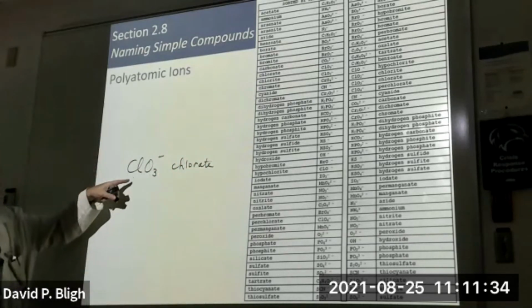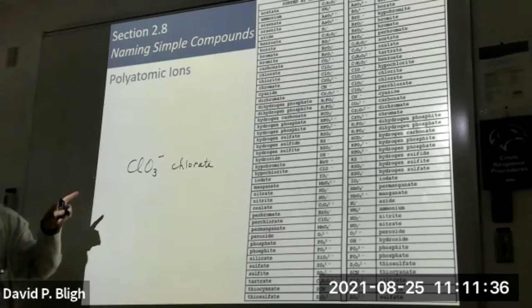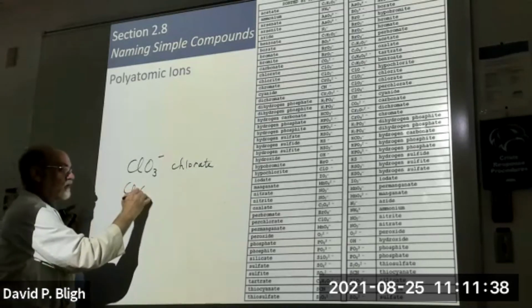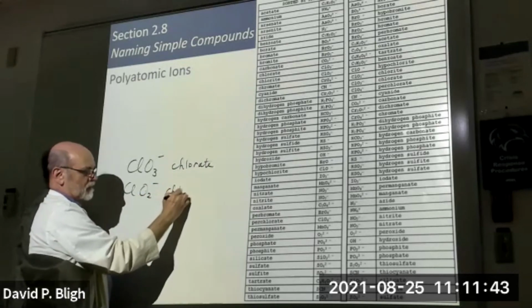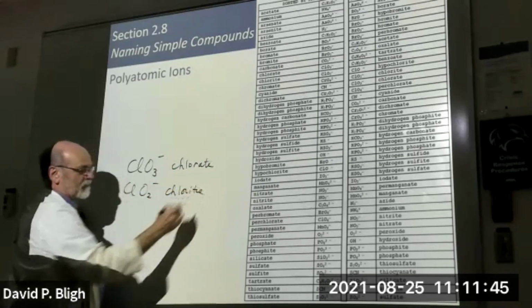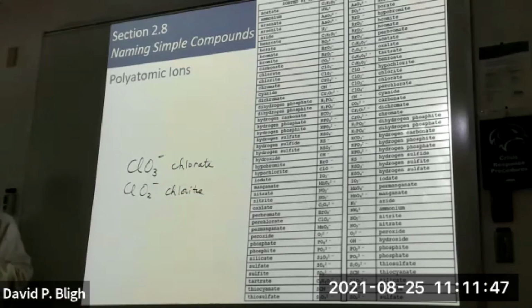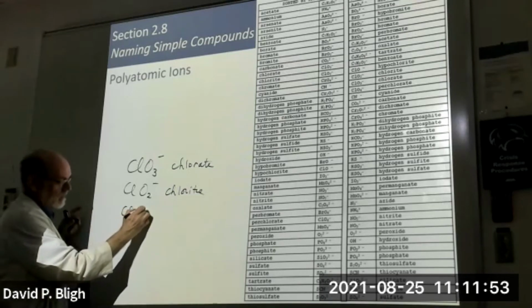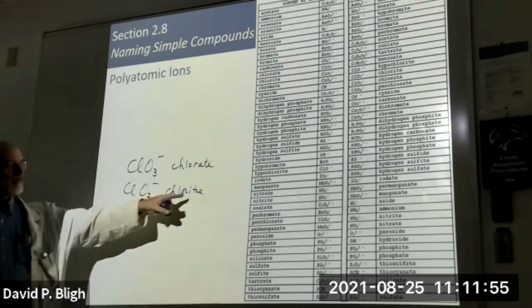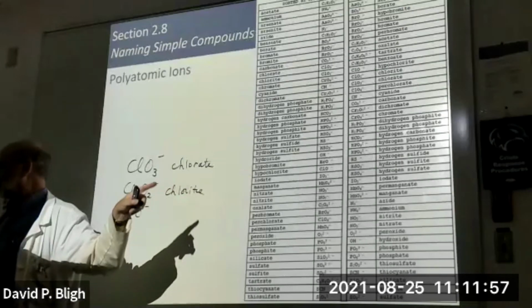If you take away one of the oxygens, you still have a -1 charge, but now you change the ending: chlorite. But you can also take away another oxygen and leave it with only 1.